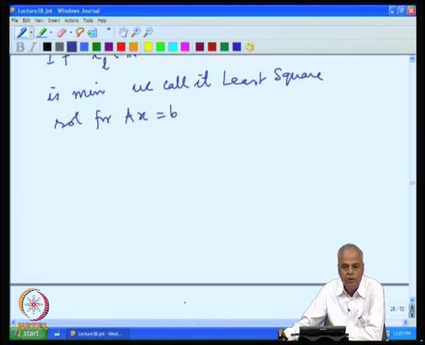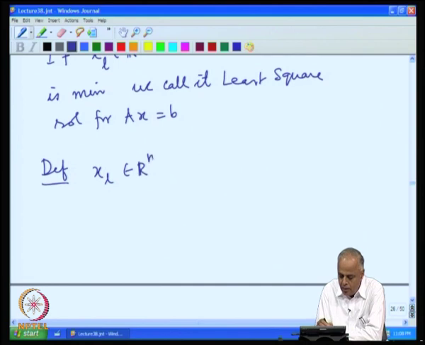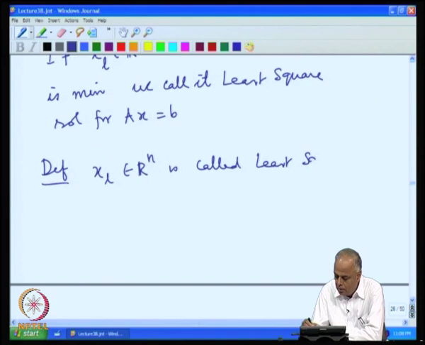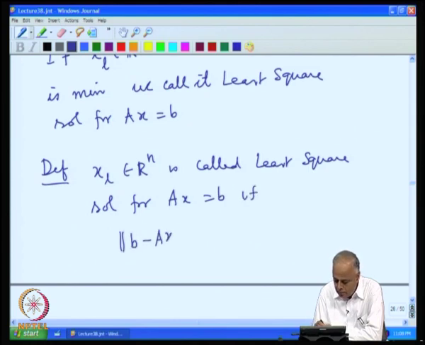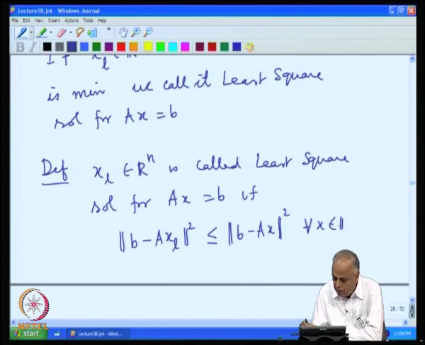So, what is the notion of the least square solution? Definition: x L belonging to R n is called a least square solution for A x equal to B if the error of taking x L as the solution is less than or equal to the error of taking any x as the solution, for every x in R n.